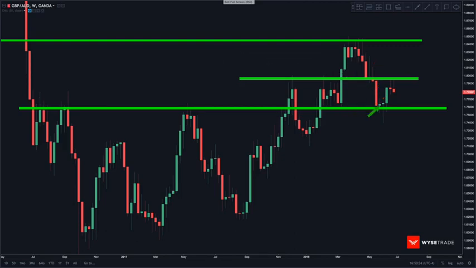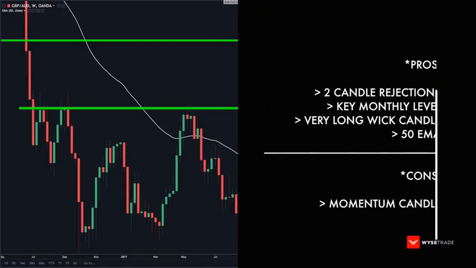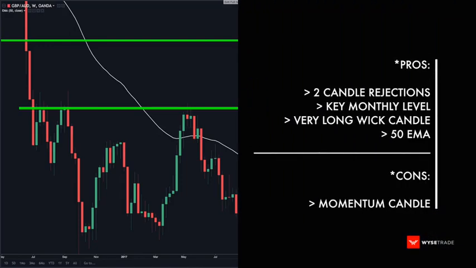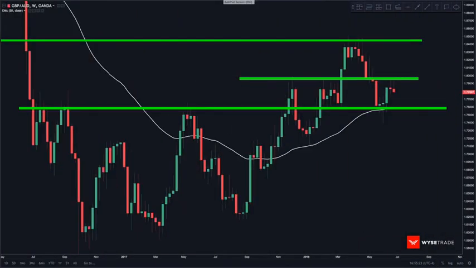We have a long wick candle, followed by an even better, longer wick candle, both rejecting this level of support and also rejecting the 50 EMA. Look at how the pros outweigh the cons. Once we had confirmation on the daily time frame, we started looking for long entries.